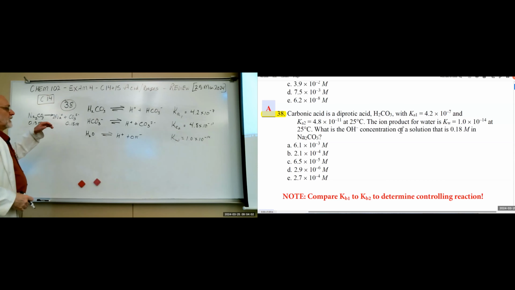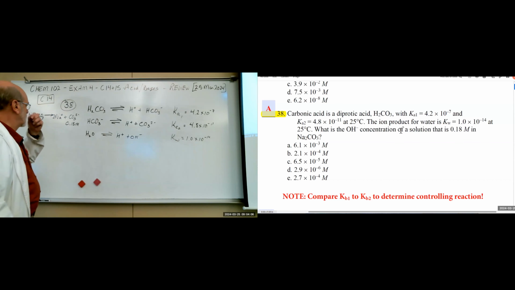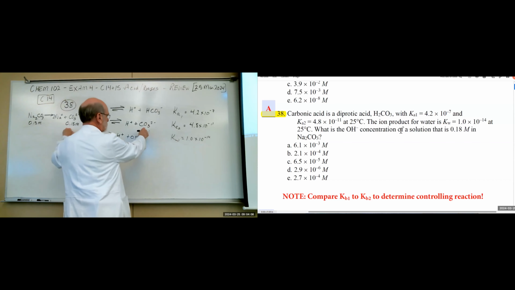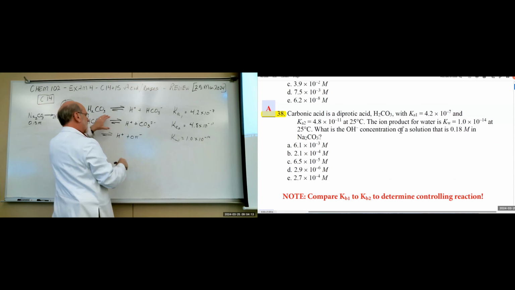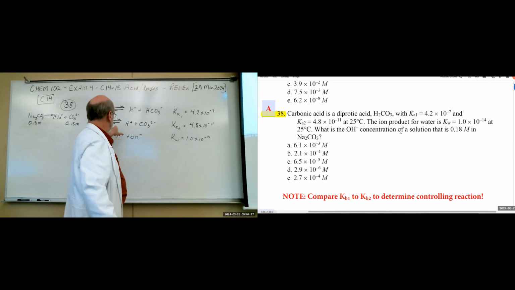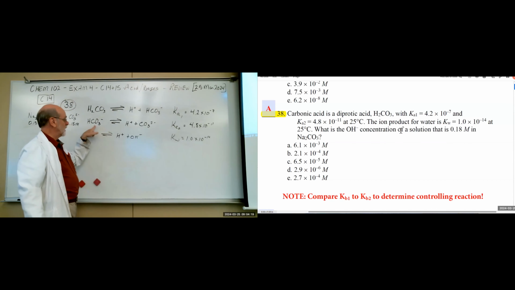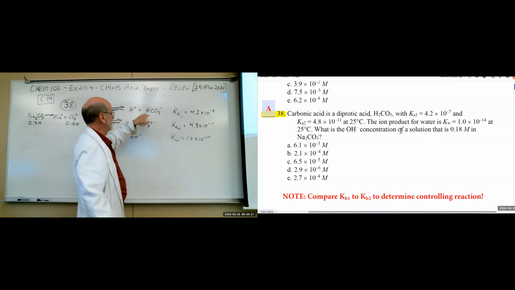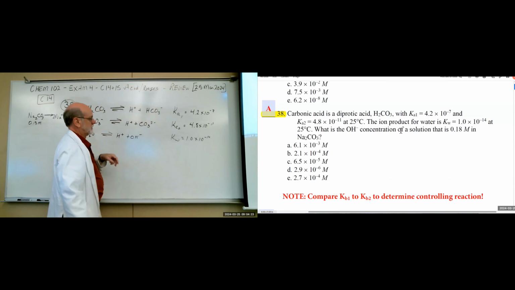All right. If this is 0.18 molar, which side of this reaction is favored? With that value at 10 to the minus 11, this side is favored. And once this is produced, which side of this one? That one is favored.